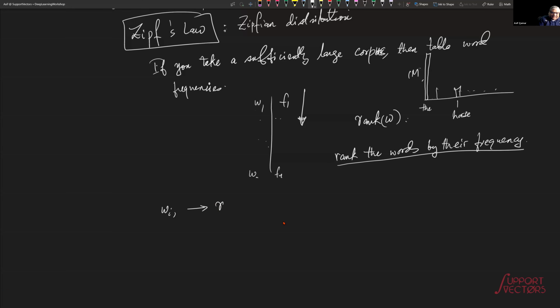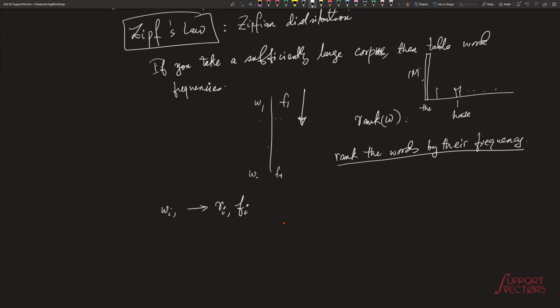Word i has a rank i and a frequency i. Would you agree? The frequency is, of course, how often it happened in the corpus, and the rank is how it compares to other words with respect to its frequency. Rank 1 is the most common word. So far, so good, I hope, guys? This is simple, isn't it?